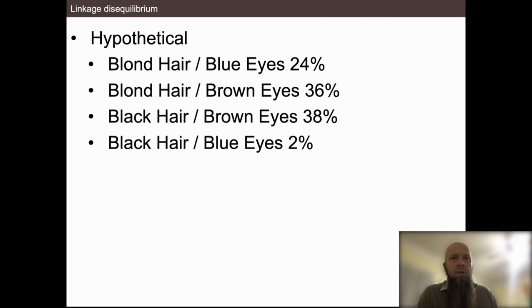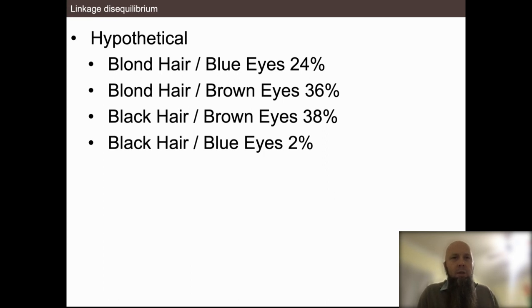So blue eyes are most frequently associated with blonde hair. But blonde hair, I actually had blonde hair when I was young, is also associated with brown eyes. Not uncommon, I have brown eyes. But individuals with black hair also have brown eyes. Those both occur at pretty high frequencies. So those first 3 combinations are quite common.